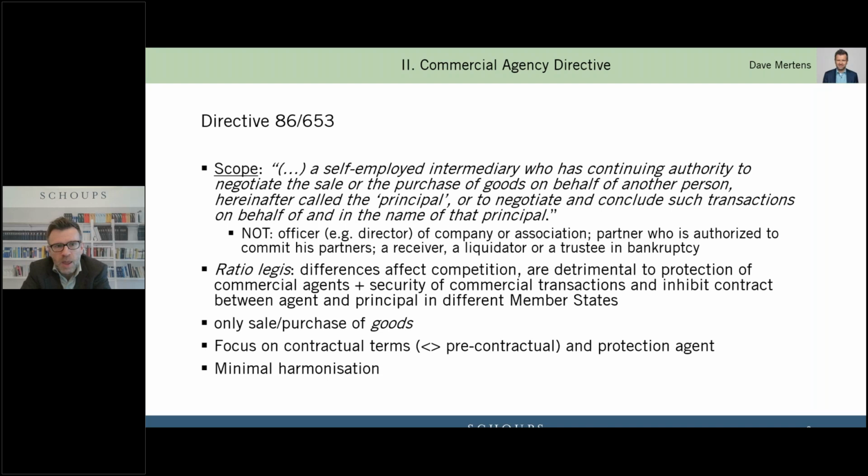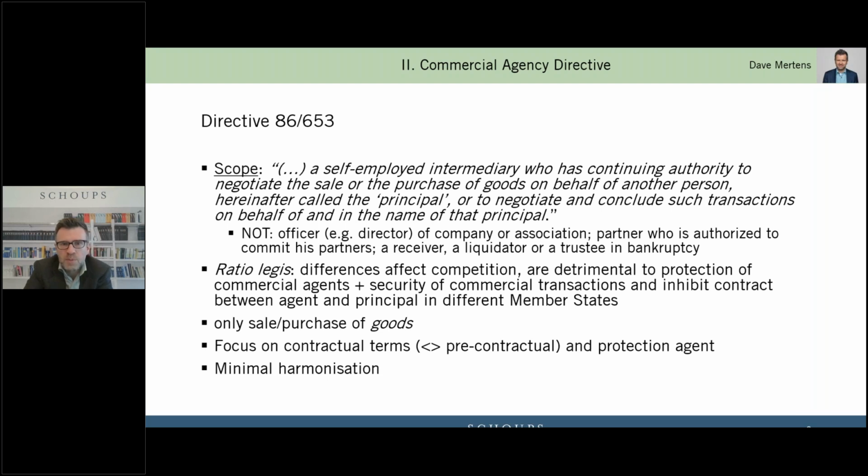What is the ratio legis of the directive? Well, the Commission was of the opinion that the differences between the different member states, because several member states already had specific rules on commercial agency, Germany and France, for instance, and other member states had more jurisprudence applying general principles to this type of contracts.